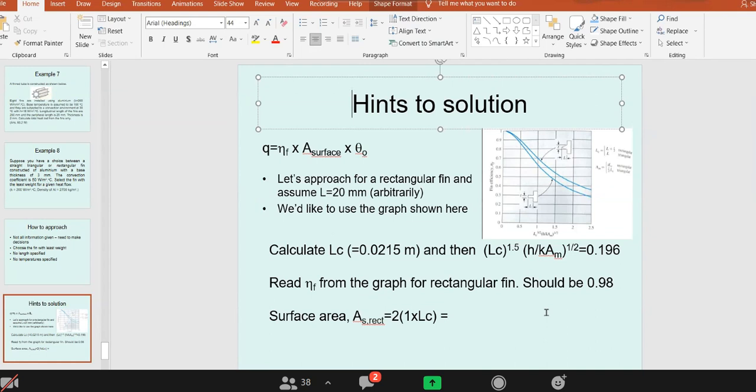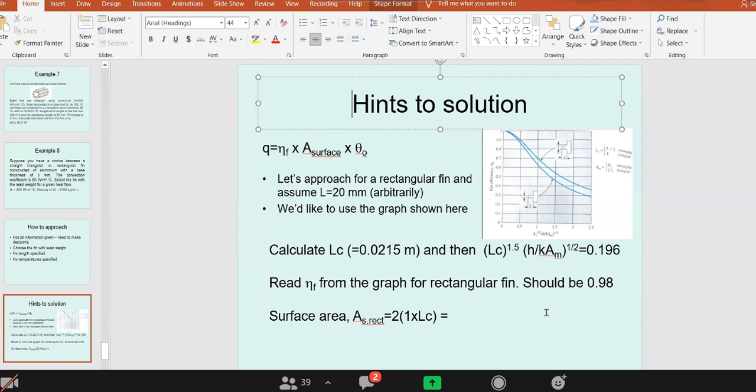Okay, does that make sense? So we get 0.98, we have got this value.